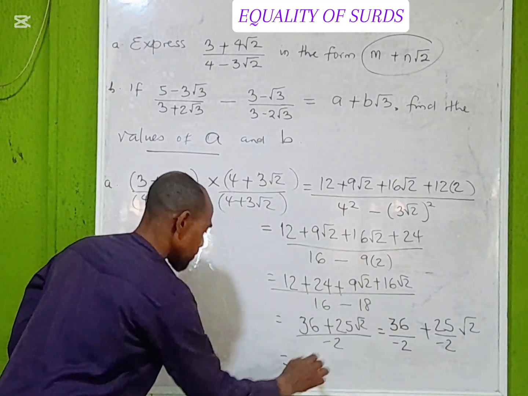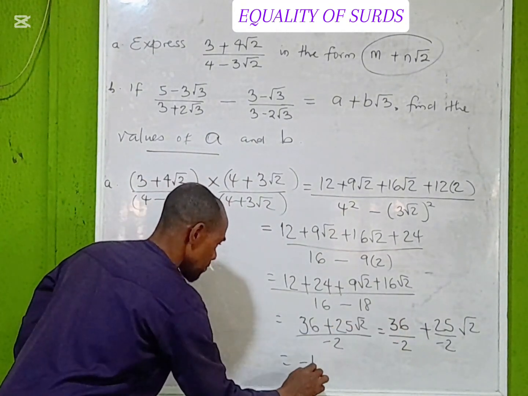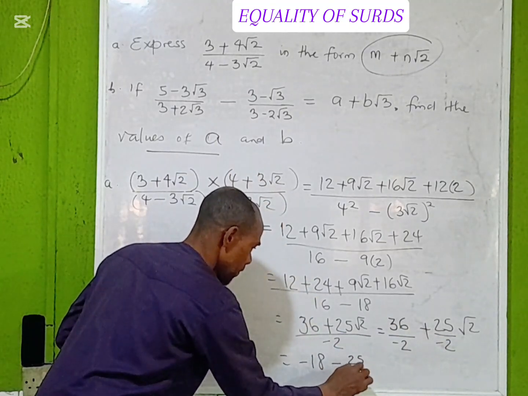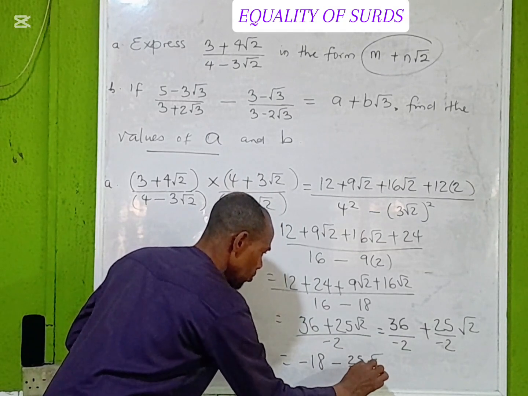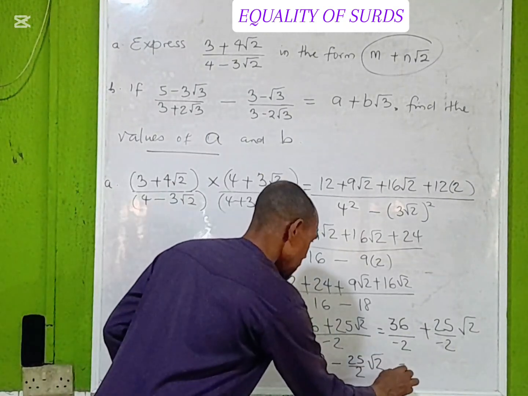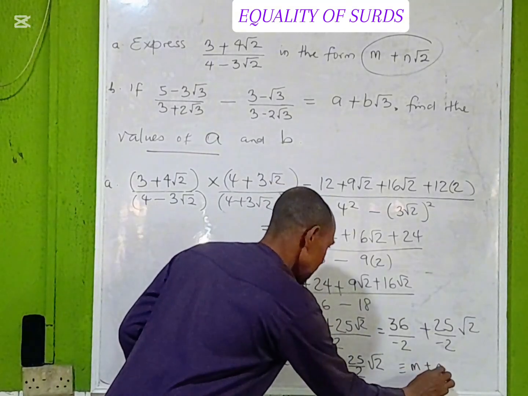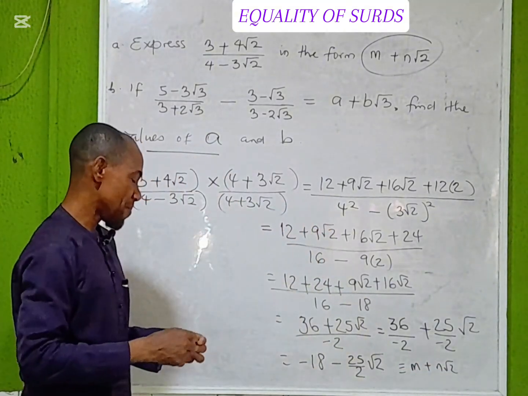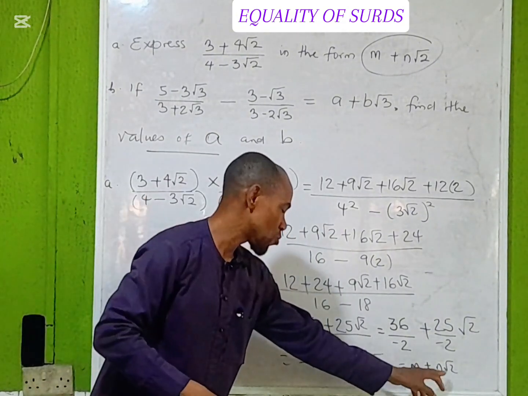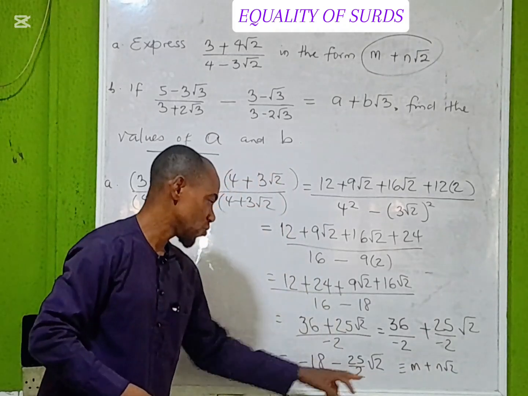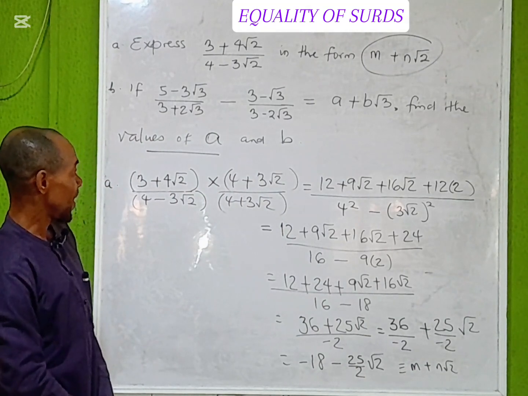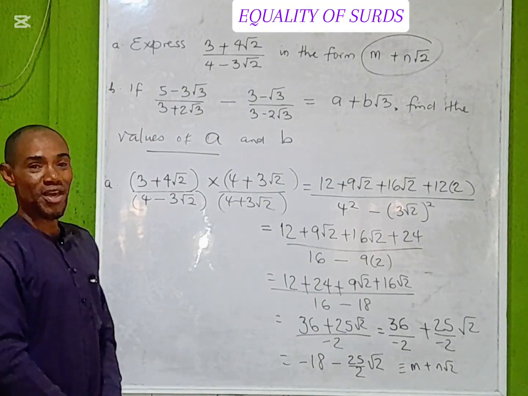Which finally becomes, because minus 2 can go in 36, that's minus 18, then plus, divided by minus, minus 25 over 2, then root 2. So this exactly is pretty much like writing in the format m plus n root 2, where by comparison, m is minus 18, and n, the coefficient of root 2, is minus 25 over 2. And that basically is the end of the solution to question A.